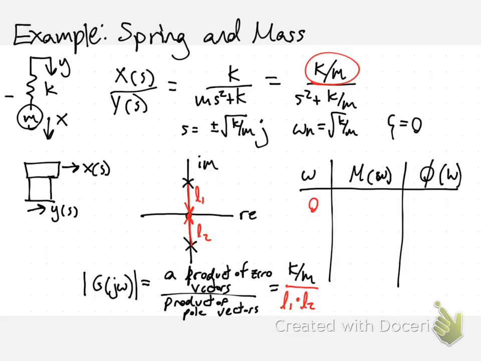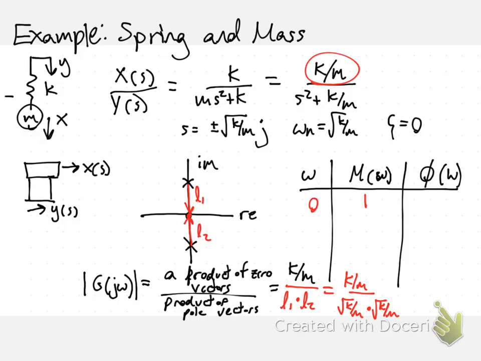Since our poles are at plus or minus the square root of k over m, if we multiply those together, we're going to have k over m for the product of our pole vectors. So it's equal to k over m over the square root of k over m times the square root of k over m, which gives us a magnitude of 1.